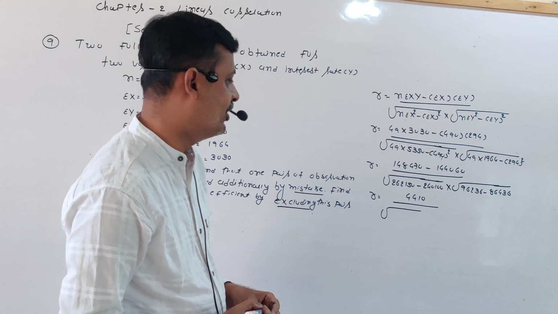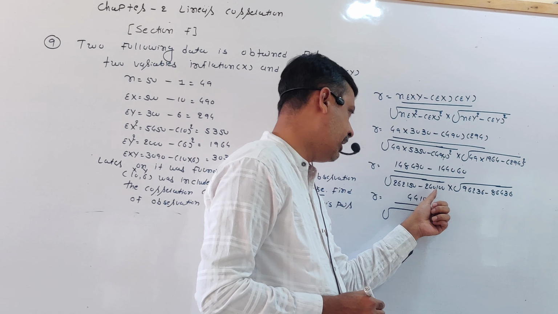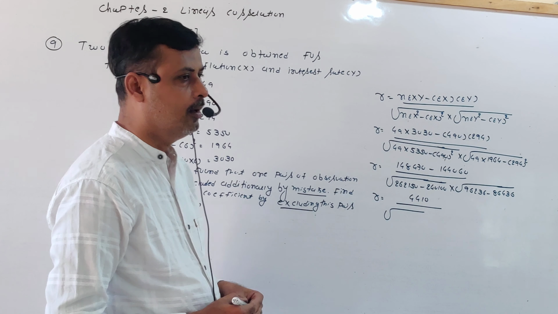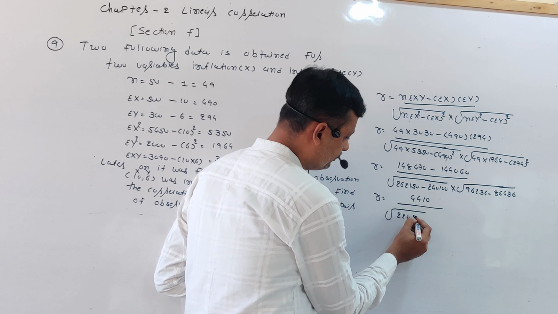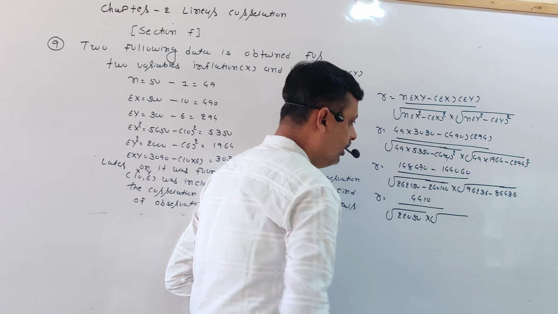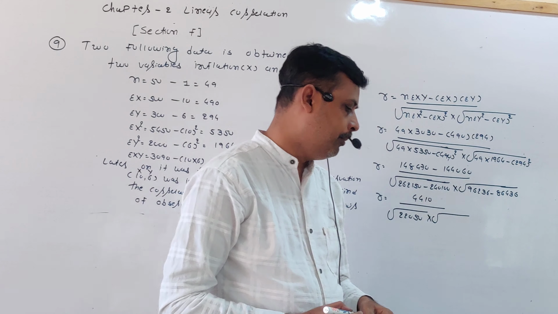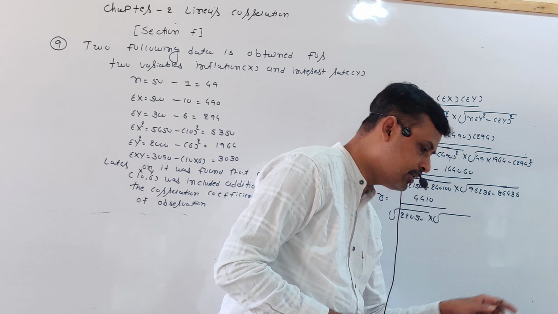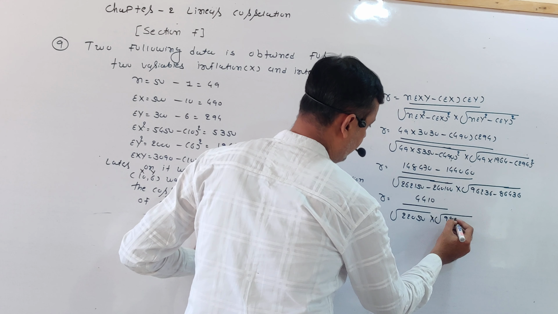Now 2,62,150 minus 2,40,100 is 22,050. 96,236 minus 86,436 is 9,800.